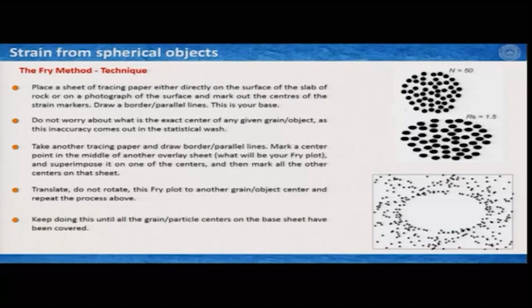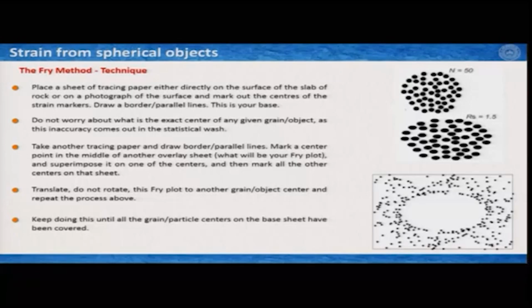You can get deformed conglomerates, oolites or voids in thin sections, and many other features like reduction spots and so on. You can also use stretched or deformed grains. So, you can take an image and do the Fry analysis for measuring the strain.